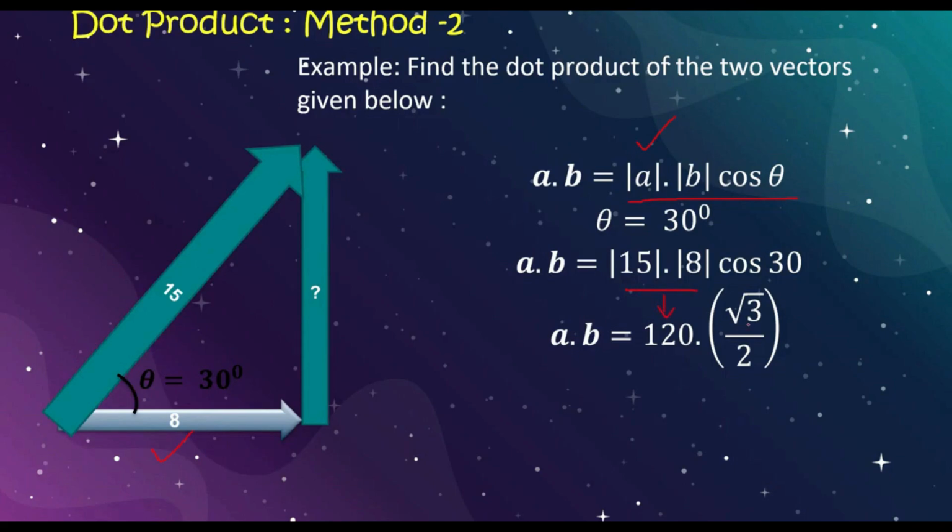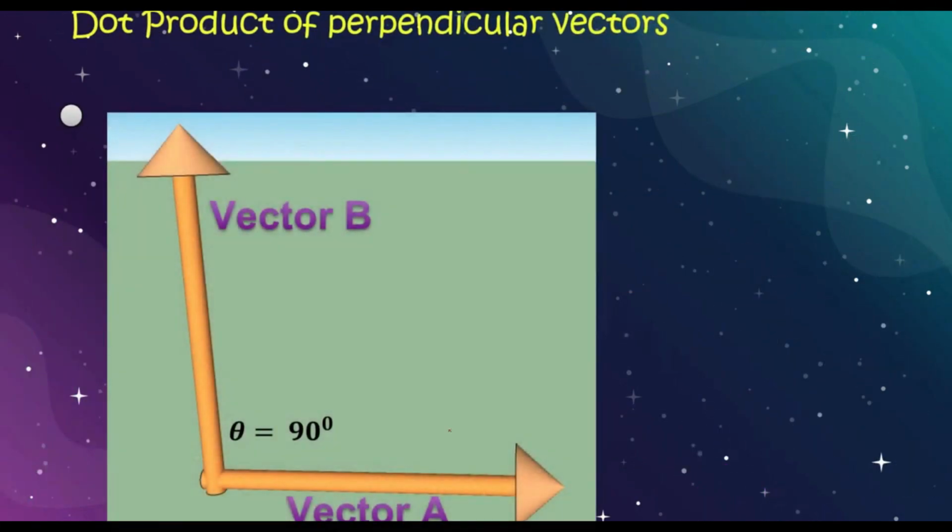Cos of 30 is square root of 3 by 2. If we further solve it, we will get 60 into square root of 3. So if we further solve it, we will get a value around 104. So like this also we can find the dot product.